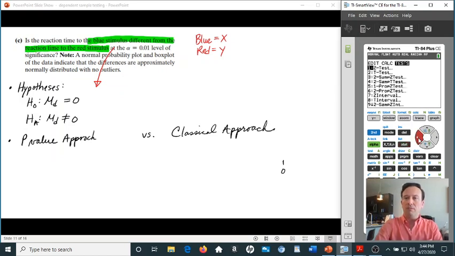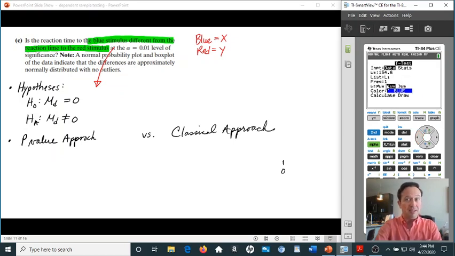So now, let's go to stat and tests, number 2. And since I already have a list in there, we're going to click on data, because see, it gives you an option here to type in the list itself. All right, so mu null is 0, right, from the null hypothesis. List 1 is the wrong list. It's list 3, or where my D values are.